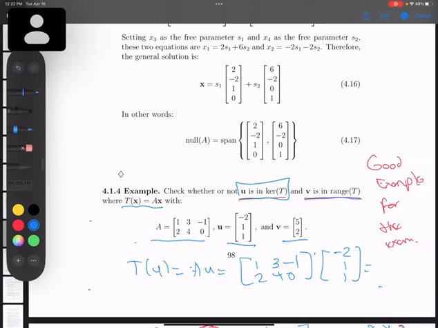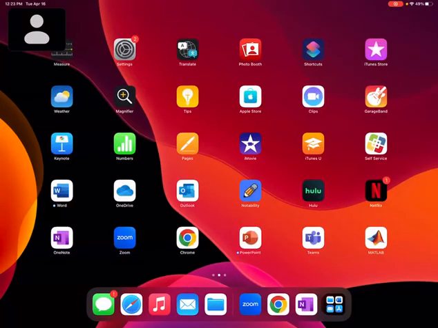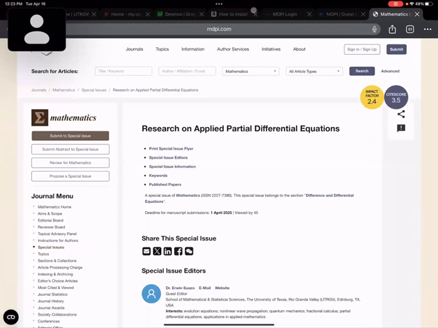When I multiply that, it gives me minus 2 plus 3 minus 1, and the other one is minus 4 plus 4 plus 0. That gives me 0, 0. So indeed, U belongs to the kernel of T. Okay? Good.